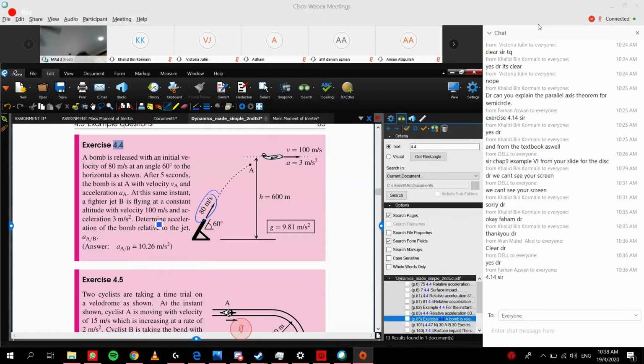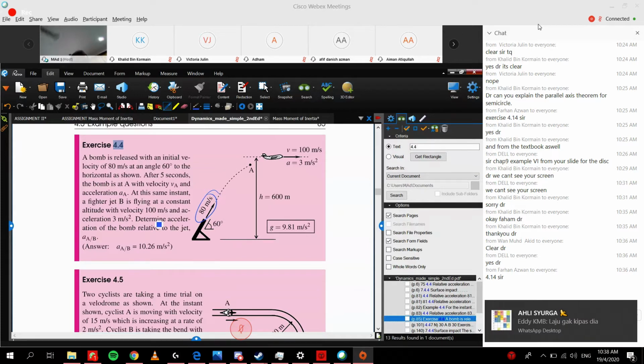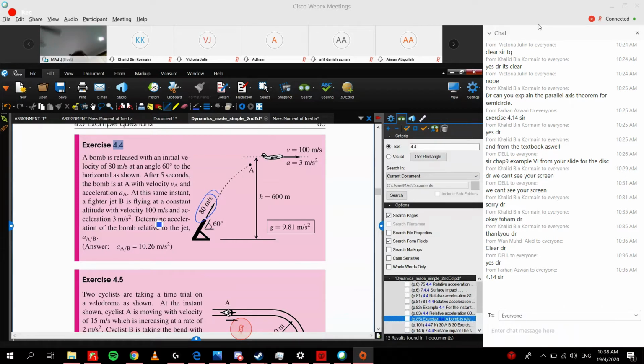Five seconds after the bomb is launched, the bomb is at A. The bomb reaches 600 meters in 5 seconds. The velocity V_A and S_A. At the same instant, a fighter has been flying at a constant altitude, velocity 100 meters per second, acceleration 3 meters per second squared. Determine the acceleration of the bomb relative to the jet.